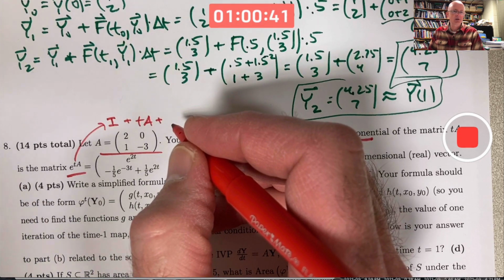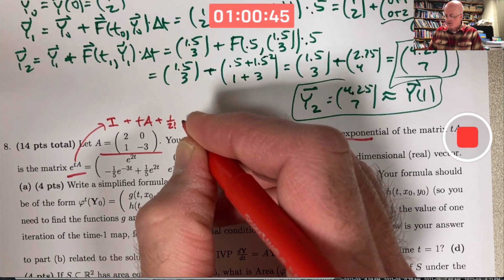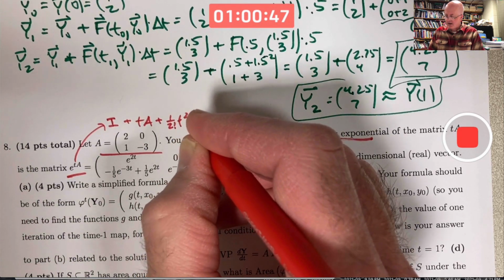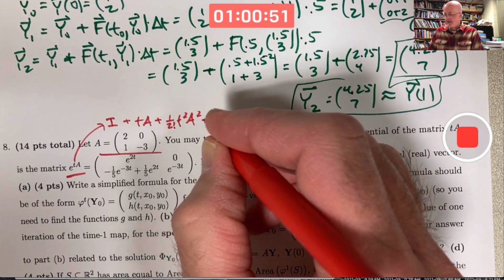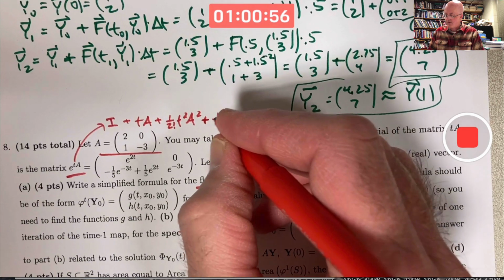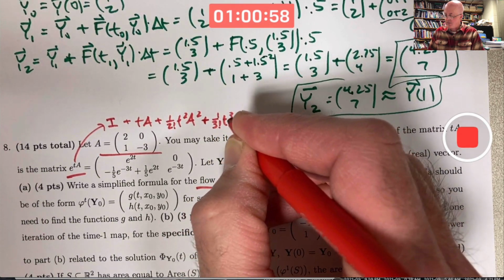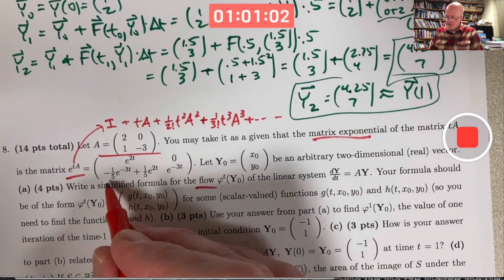The next term is x squared over 2 factorial. We can write this as 1 over 2 factorial t squared A squared. The next term in the Taylor series for e to the x is x cubed over 3 factorial, so we can write 1 over 3 factorial t cubed A cubed, etc. It turns out it equals this, okay?